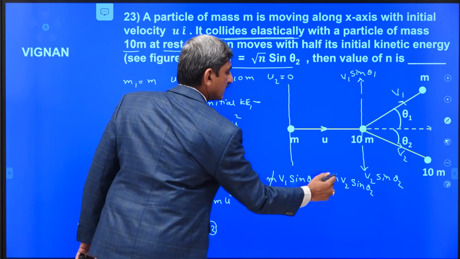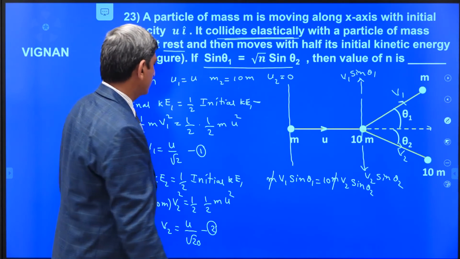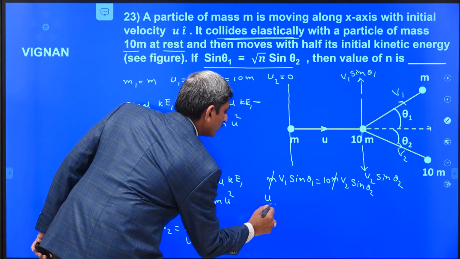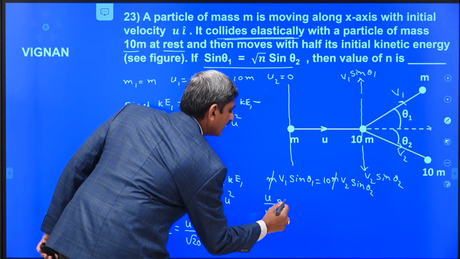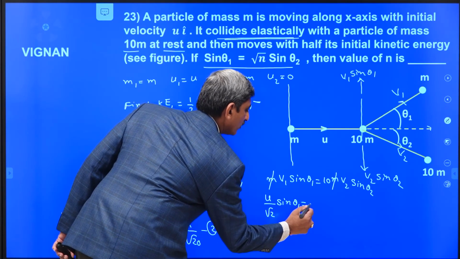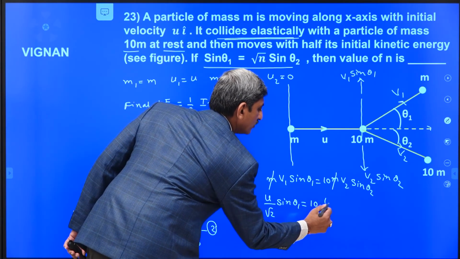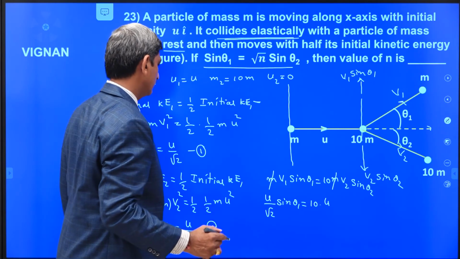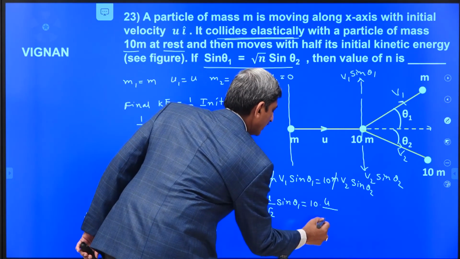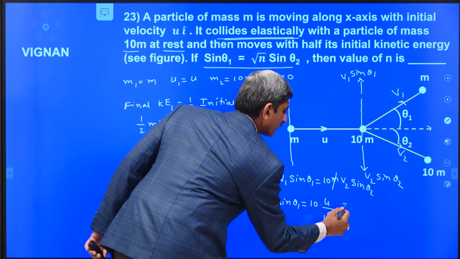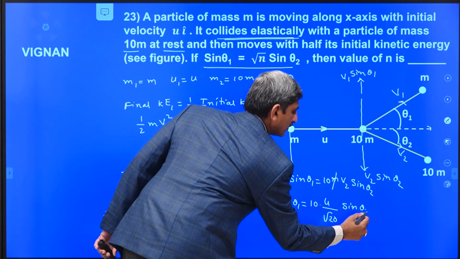So m cancelled. Substitute the v1, v2 values, it becomes u by root 2 sin theta 1 is equal to 10 times u by root 20 sin theta 2.